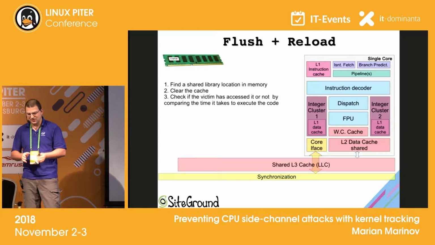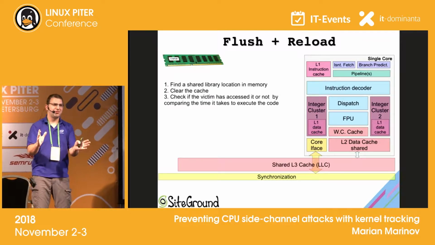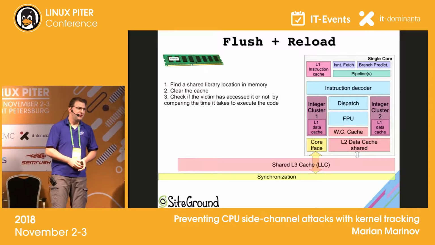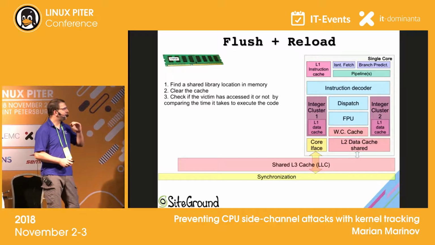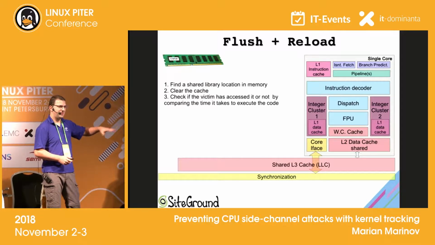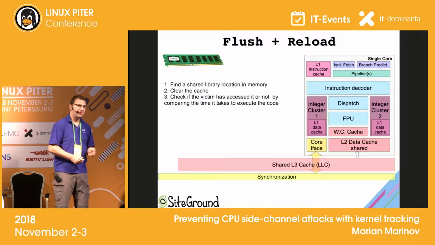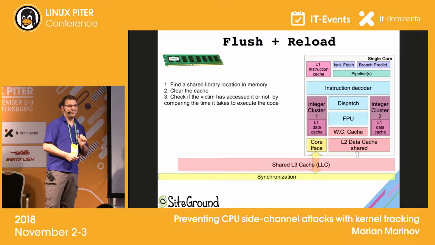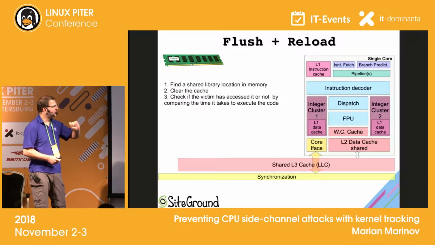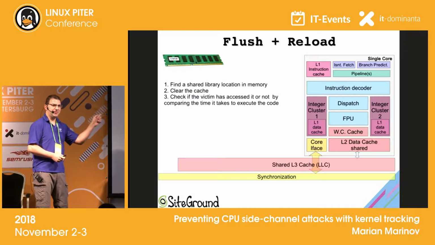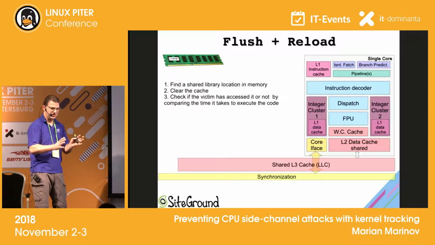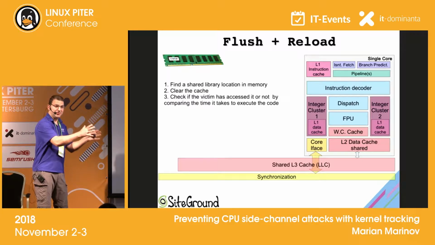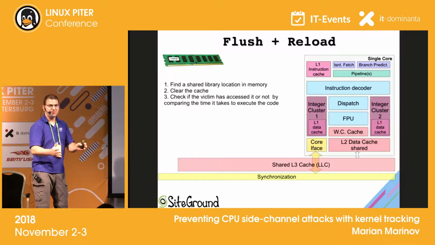So let's get back to Flush+Reload. Flush+Reload says you will be using a shared library. Then you clean the caches of the CPU. After you clean the caches, you wait for the victim that is using the same shared library to actually load the shared library in memory. This will load it in the caches, and then you time this request. So if the data is not in the cache, the timing would be slower.